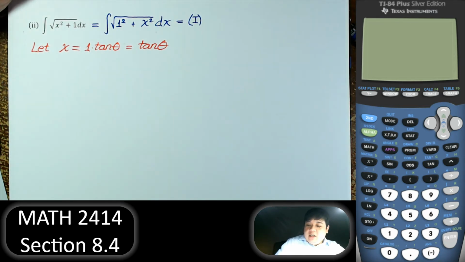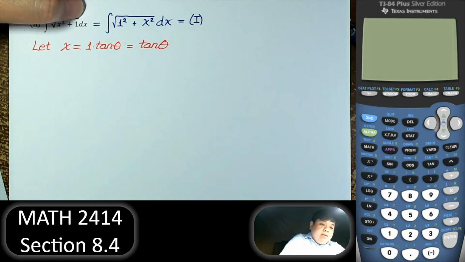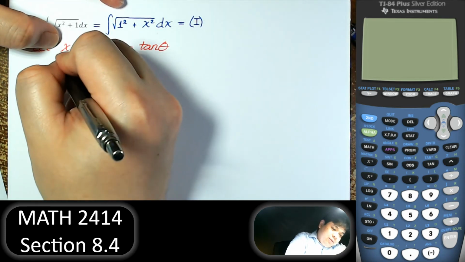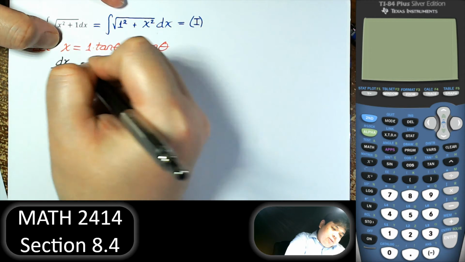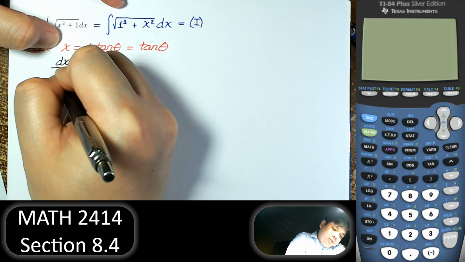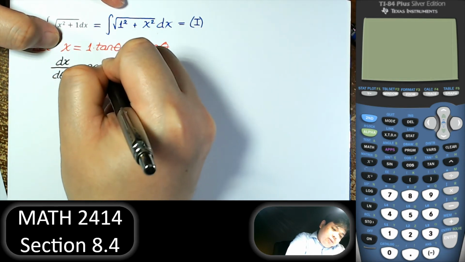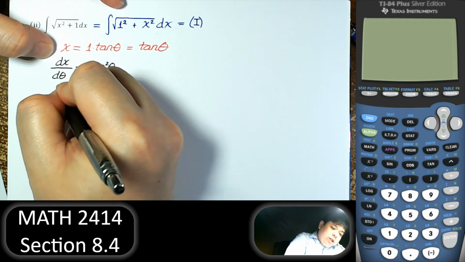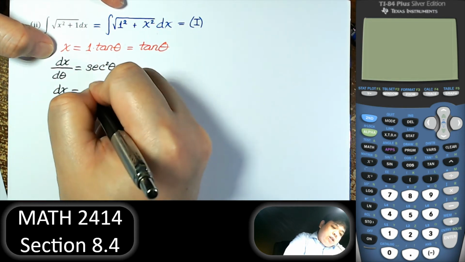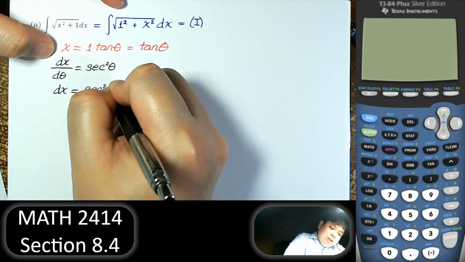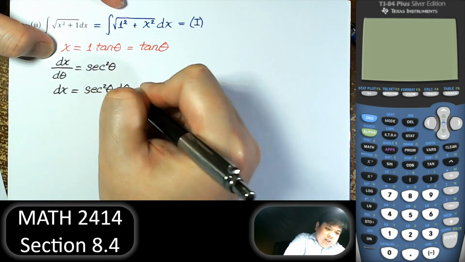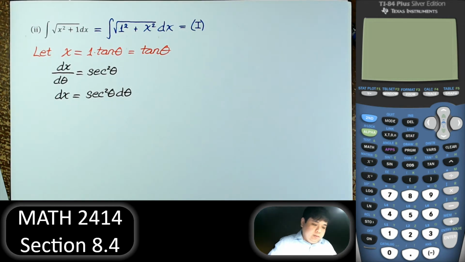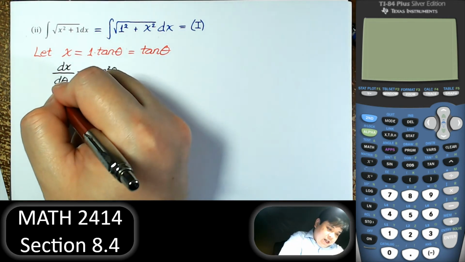Right, that's the substitution. We'll take the derivative and solve for dx. So dx equal to secant squared d theta. So that gives us dx.